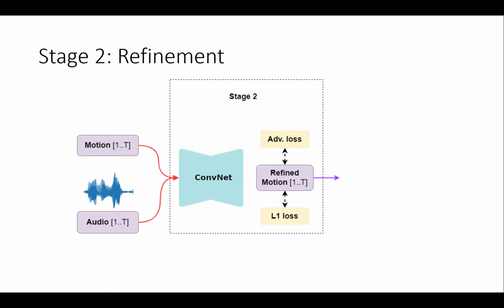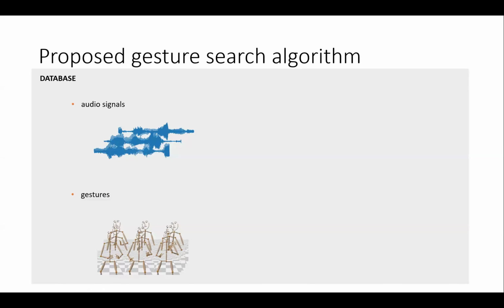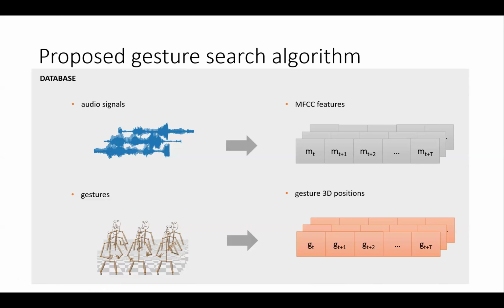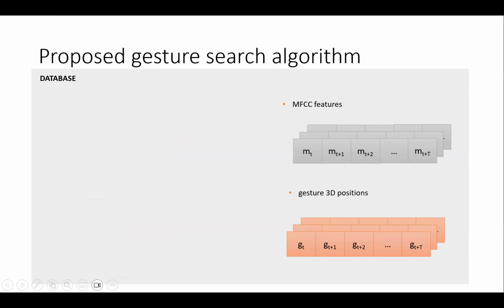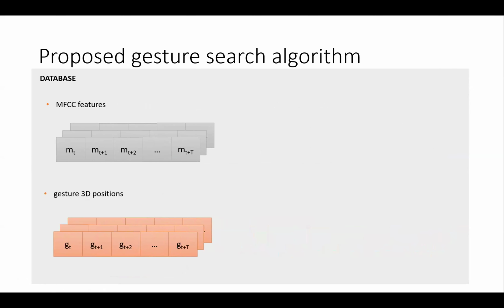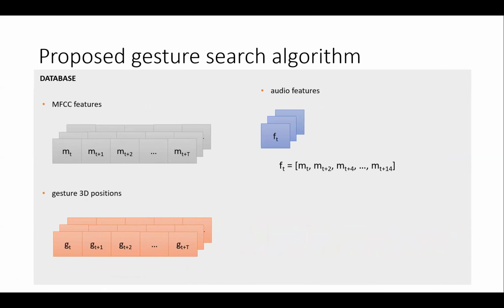Then in a second stage, we pass it through a network that basically does some cleanup on the motion and slightly refines the overall quality of the motion. So we have our audio signals. We use the Mel frequency cepstrum coefficients. We have our gesture data. We use positions. We put those in the database, kind of have our query motions.